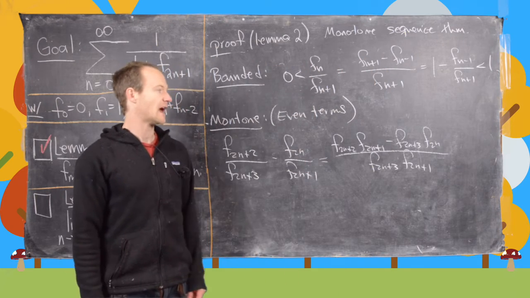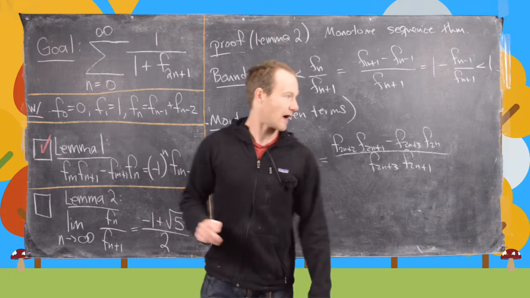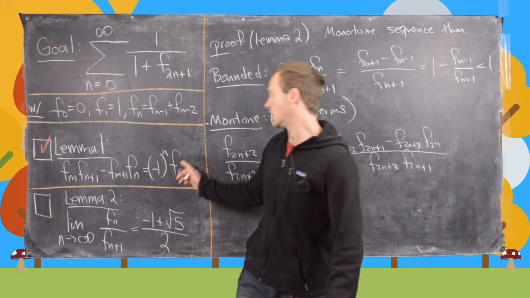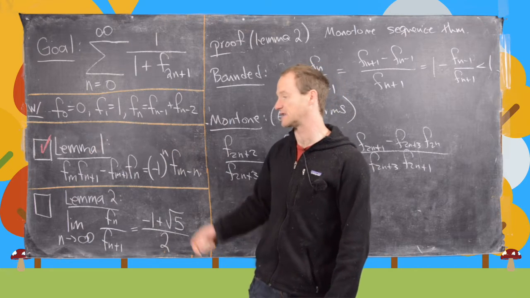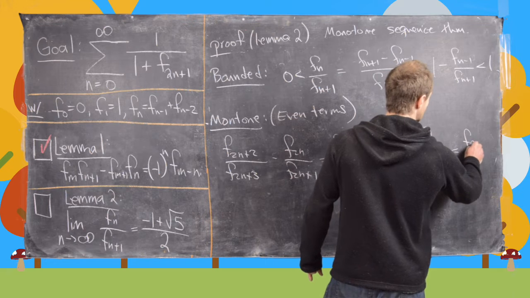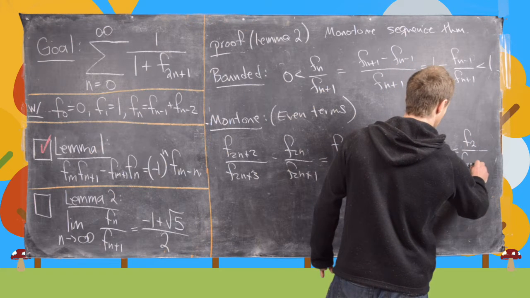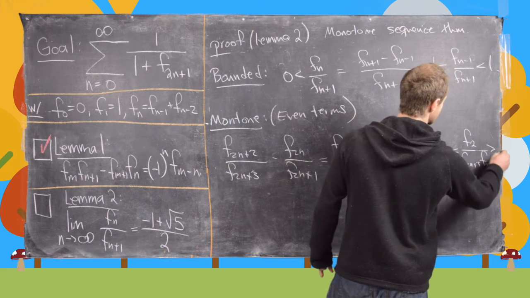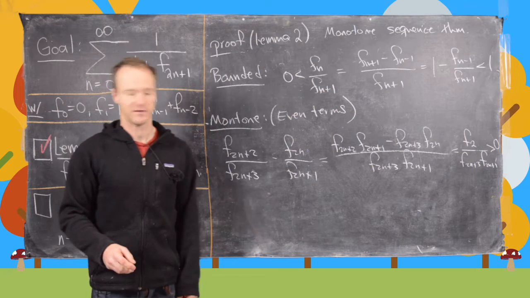Okay, good. And now from this, we can use lemma 1. So I'll let you look closely at the numerator here, and then closely at lemma 1 to see exactly how you want to change those indices. But what we'll end up getting is F_2 over this denominator, F_{2n+3} times F_{2n+1}, and that is bigger than 0 because F_2 is 1, obviously.